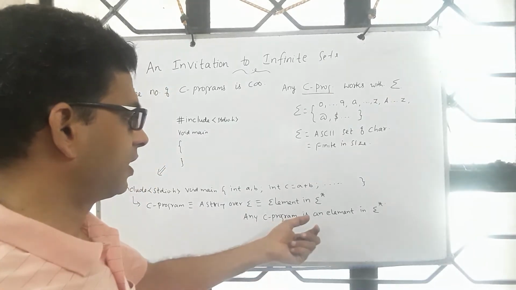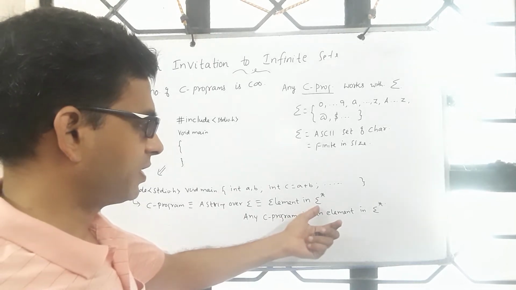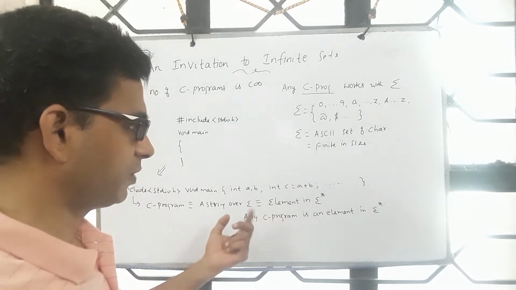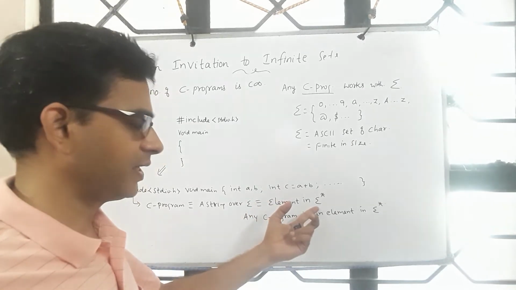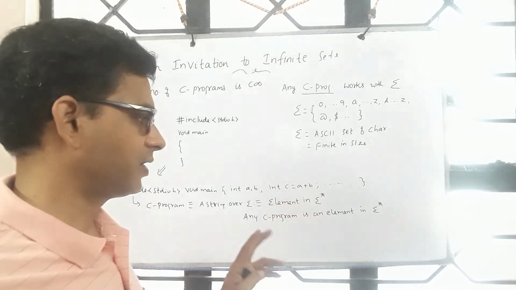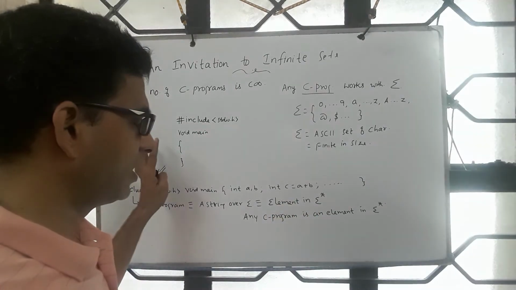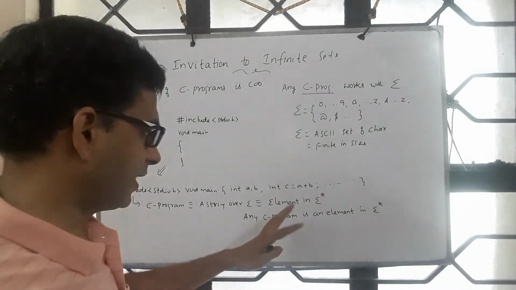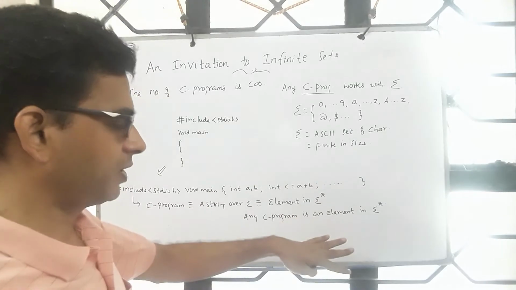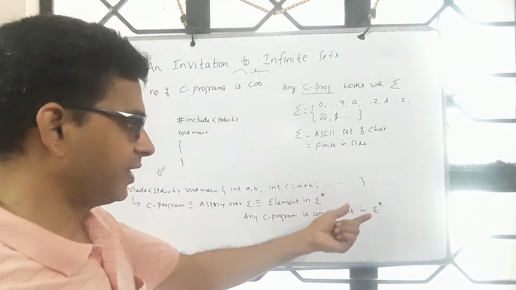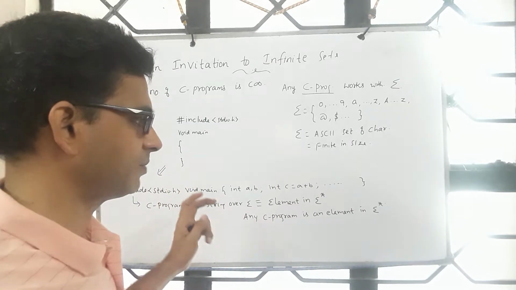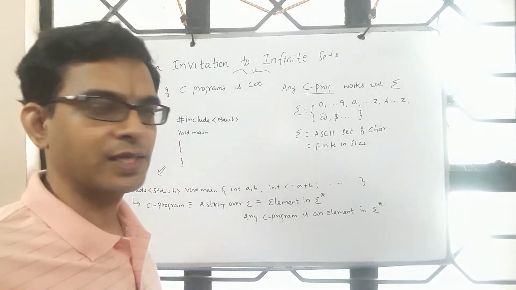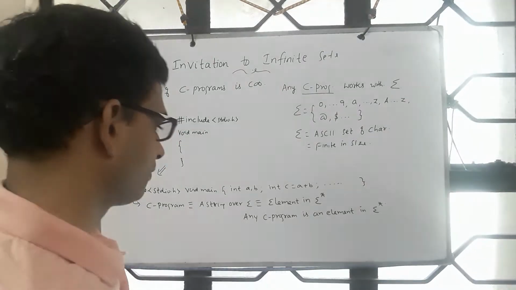You can take a string and save that as a C program. So there is a one-to-one correspondence. It may not be syntactically correct. It may not be logically correct. All that we are not seeing. I am writing a text and saving it as .c. So if you see it that way, a C program is an element in sigma star. You take any string that corresponds to some C program. So you see that there is a one-to-one correspondence between these two.